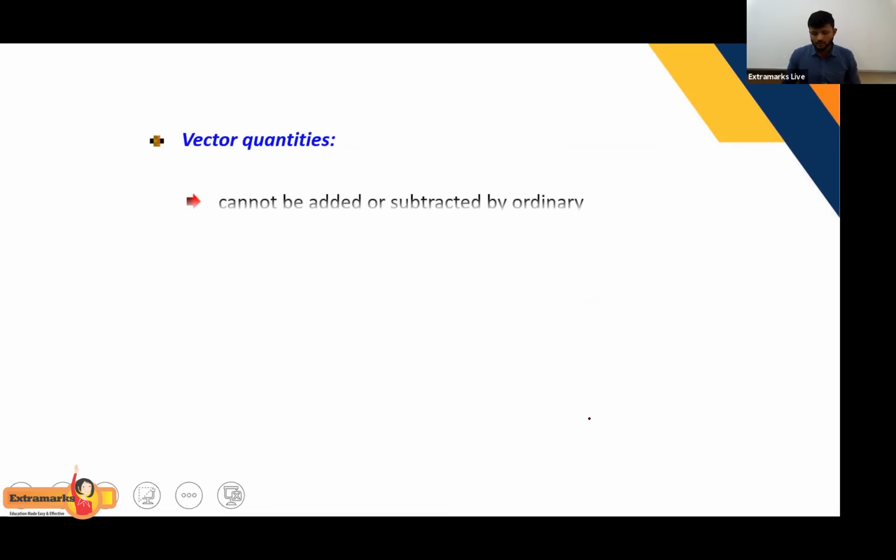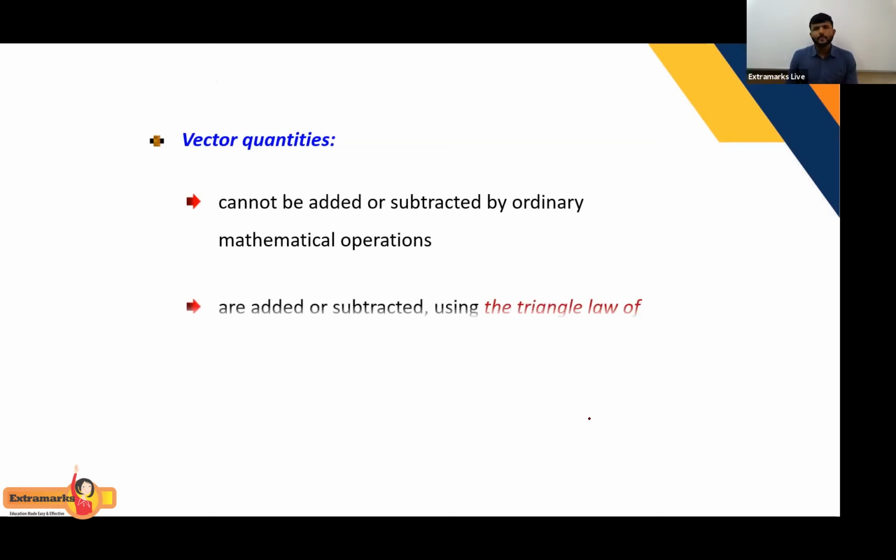Now, there are certain properties of vector quantities that you have to understand. If I draw a vector A, I can translate this vector along its line anywhere, and I can shift this vector parallelly anywhere. Please remember this point. Translate means move in a straight line.